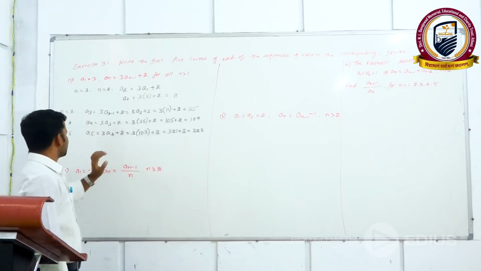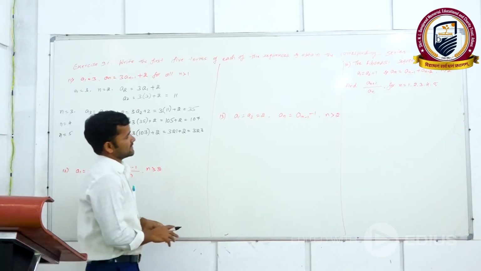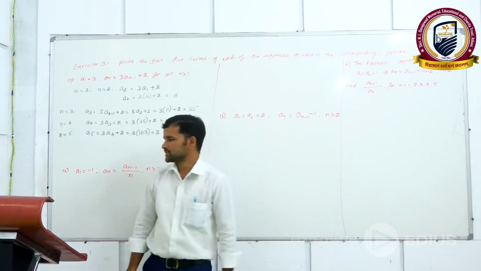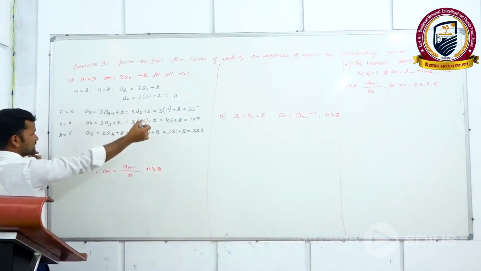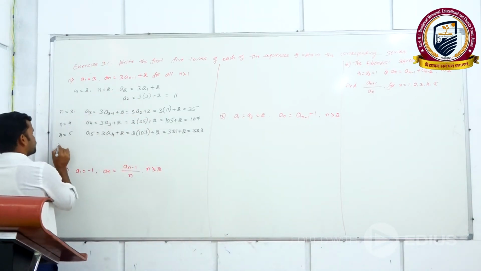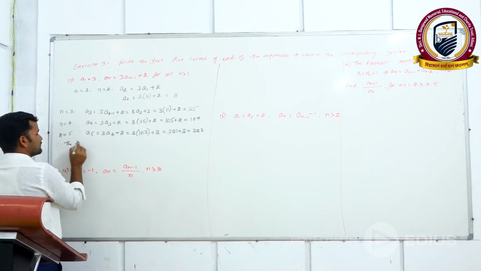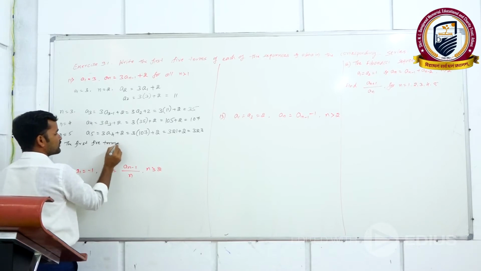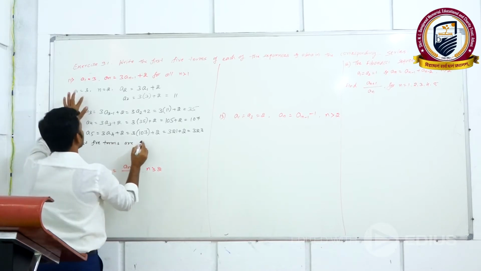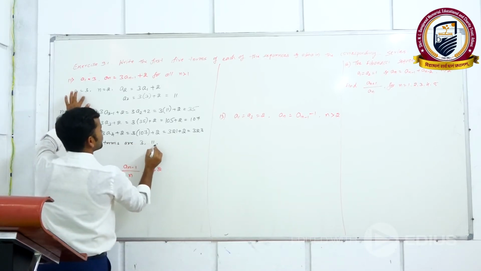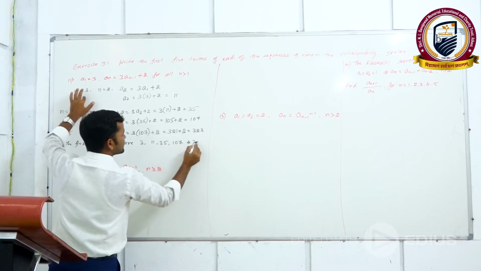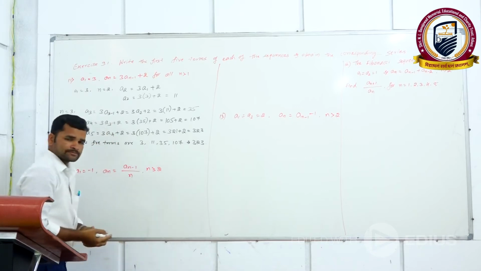So first 5 terms we got. Next, second part of the problem is to obtain the corresponding series. Okay, let me write the corresponding series. Therefore the first 5 terms are 3, 11, 35, 107 and 323.